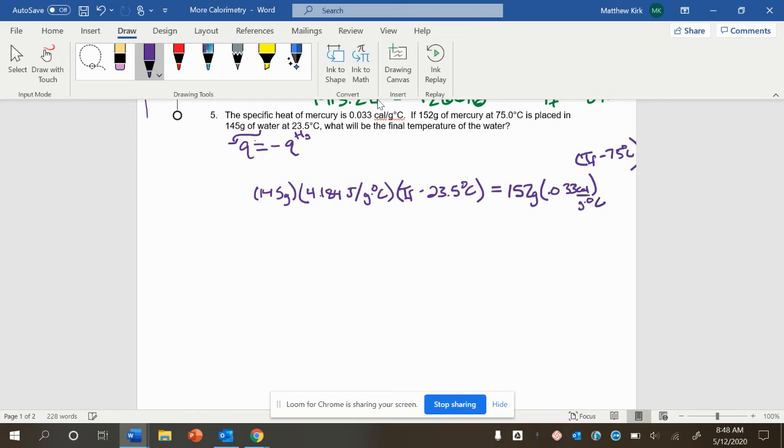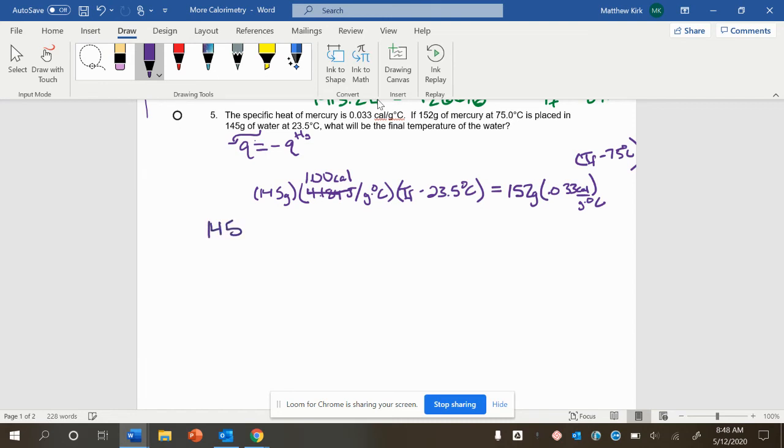For me, I think the easiest to change is water. We know 4.184 joules is the same as 1 calorie. So I'm just going to plug in 1 calorie there instead of 4.184 joules. Now let's do our math. So let's go ahead and multiply both sides. We get 145 times 1.